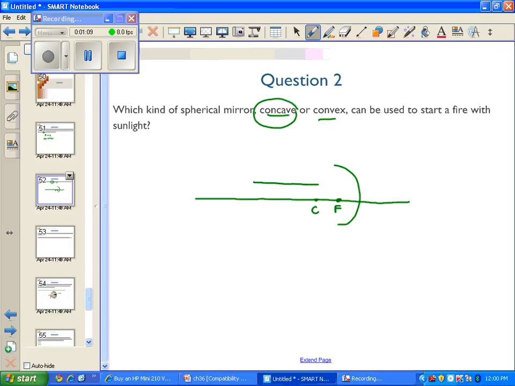All rays which are parallel to the principal axis strike the mirror and converge at the focus. So all these rays coming in parallel would focus at the focus, and here you might put some piece of paper or wood or chippings to start the fire.